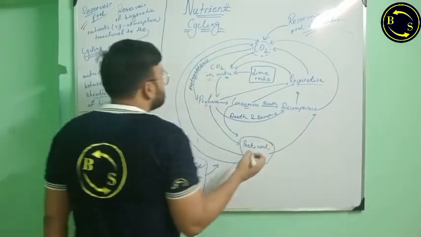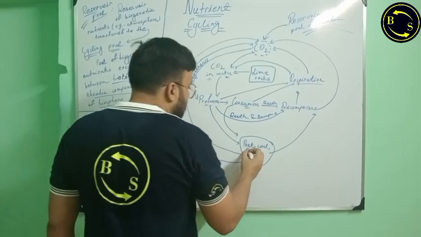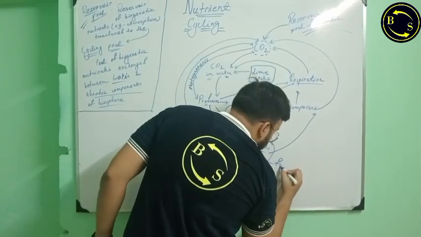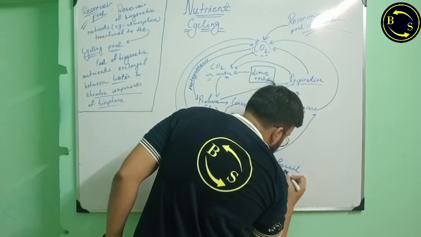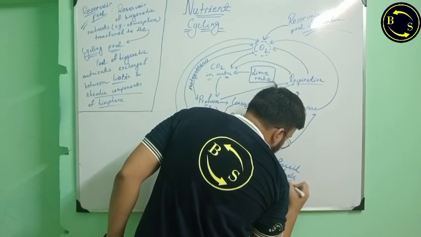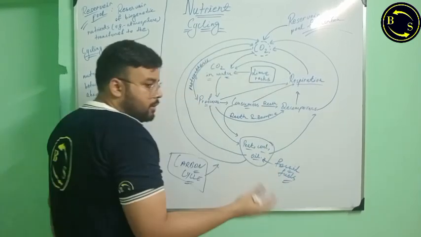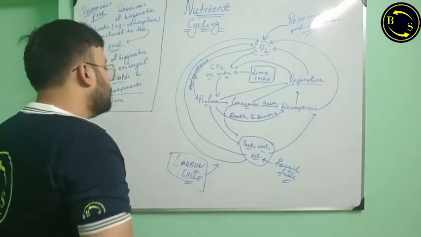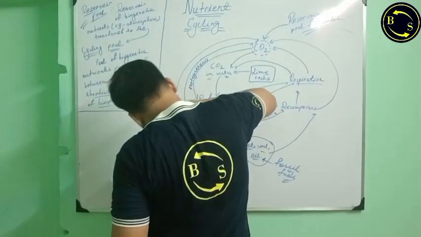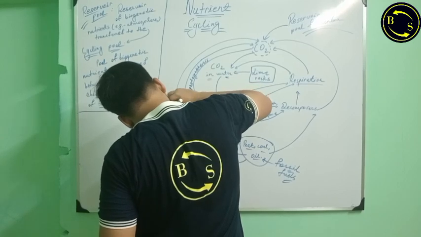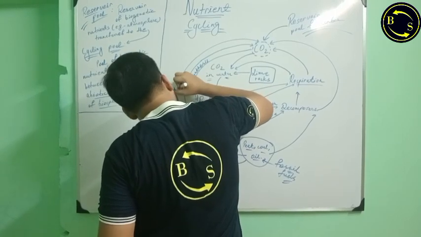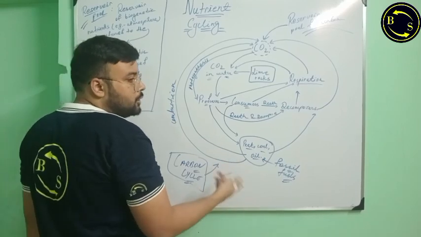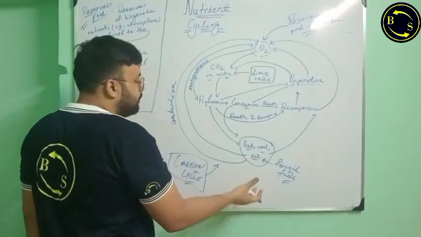Also, these are known as fossil fuels because they are formed by the death and the decomposition of producers and consumers by the decomposers. Through combustion we burn fossil fuels to produce energy for different kinds of purposes.